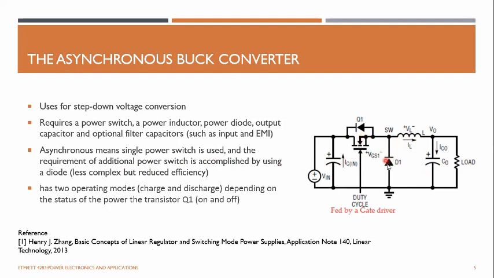But when you use a MOSFET instead of a diode, the MOSFET turn-on resistance is very low, around 10 milliohms. So you can reduce the power dissipation across this diode if you use another power switch like a MOSFET, right?